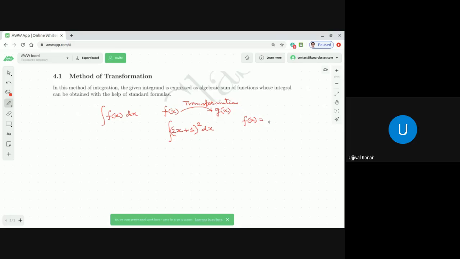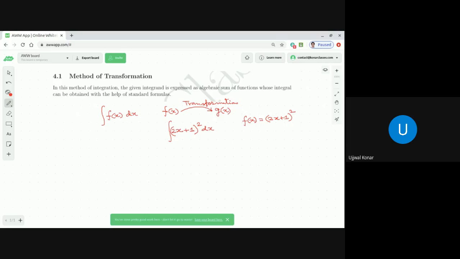But if you look into the standard formula list, dear students, you will never find a formula for (2x plus 1) to the power n dx, how to integrate. So then what to do? Then transformation comes into the picture. Now, can I transform that f(x) to some other function that I can directly integrate?